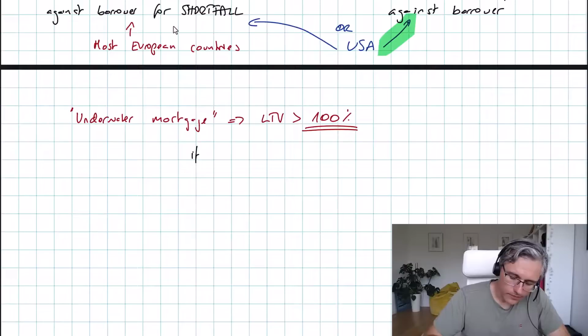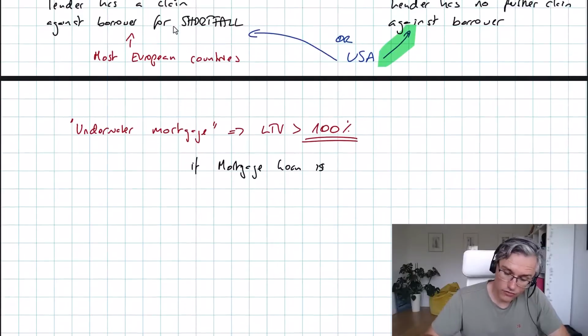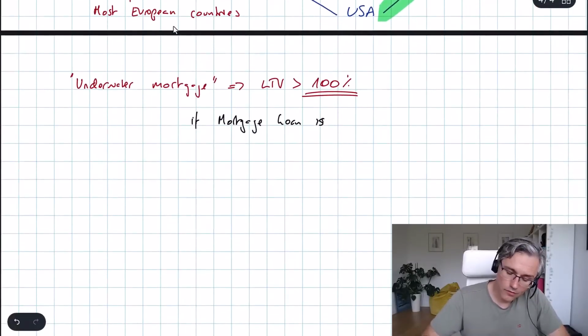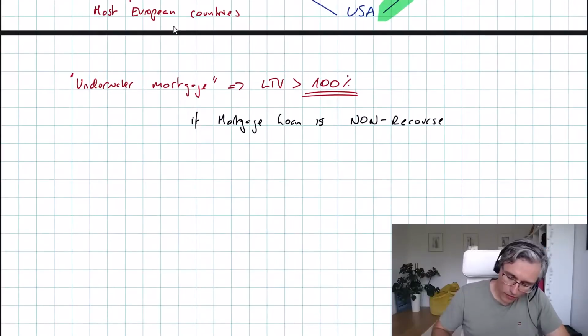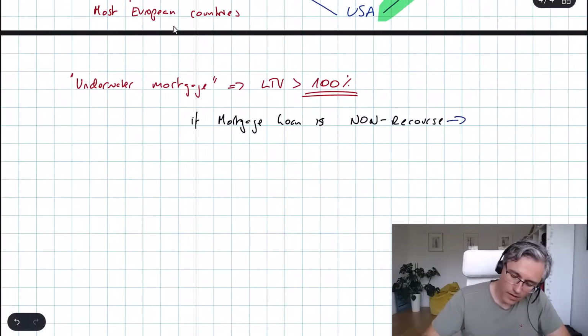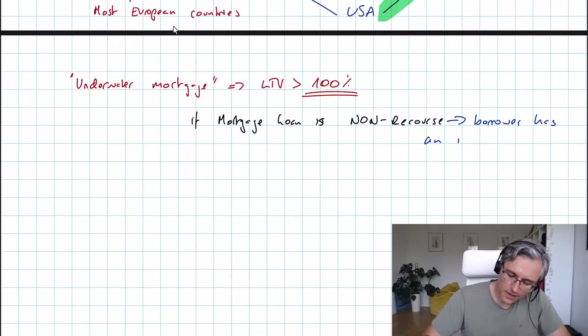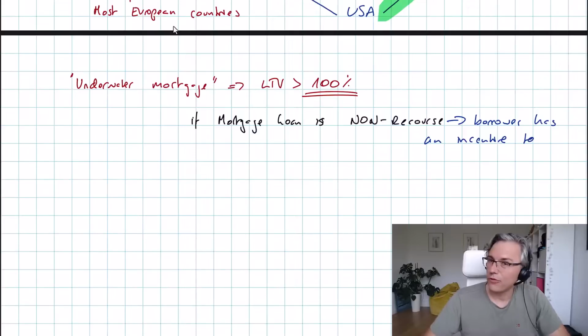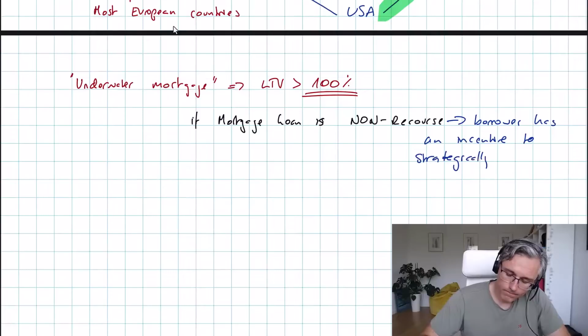Well, if the mortgage loan is structured as a non-recourse loan, then often the borrower has an incentive to just walk away from the loan, to strategically default on the obligation.